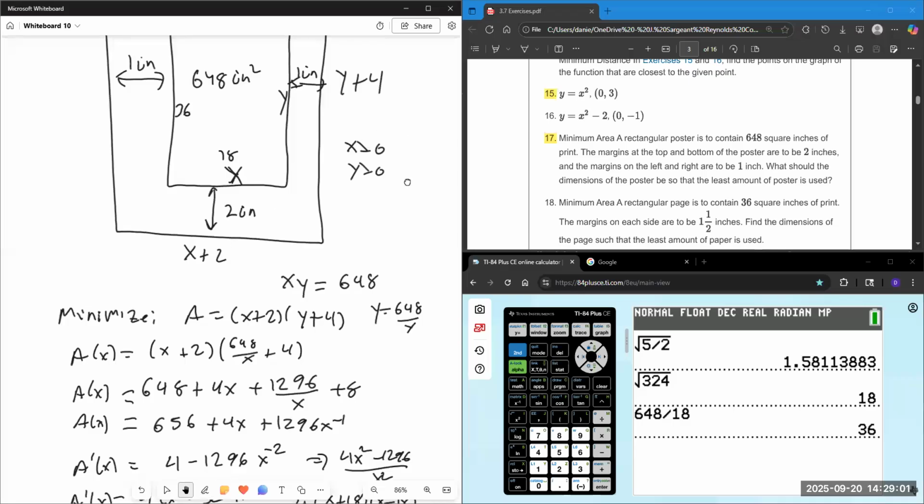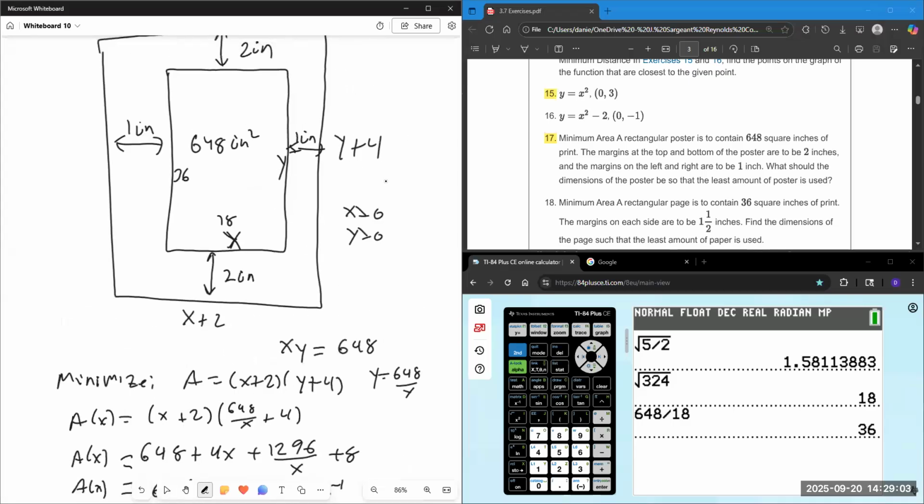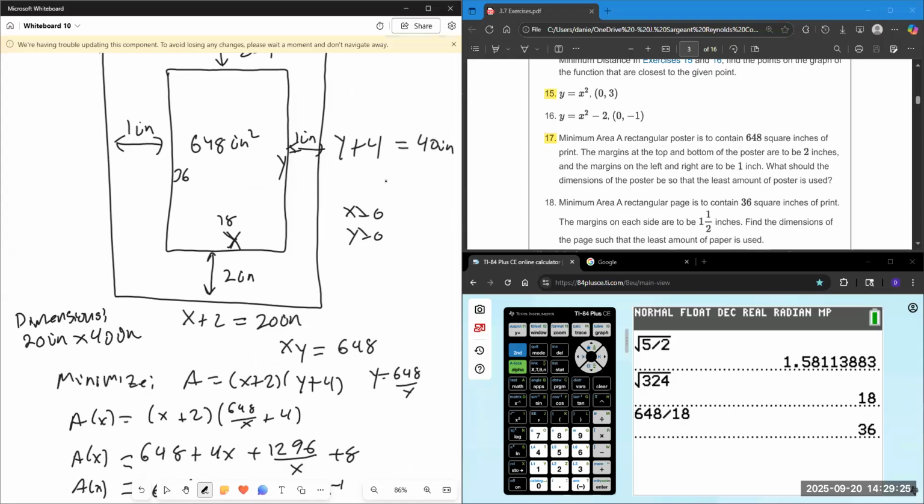I was asked about the total dimensions of the poster board. So 18 plus 2 is 20 inches and 36 plus 4 is 40 inches. So my dimensions of my poster board are going to be 20 inches by 40 inches. Final answer.